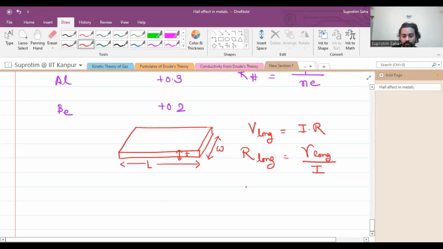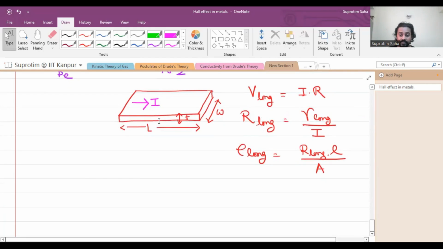So now rho longitudinal is R times L over A. The longitudinal current is along this direction, and the length scale concerned is the longitudinal length scale.